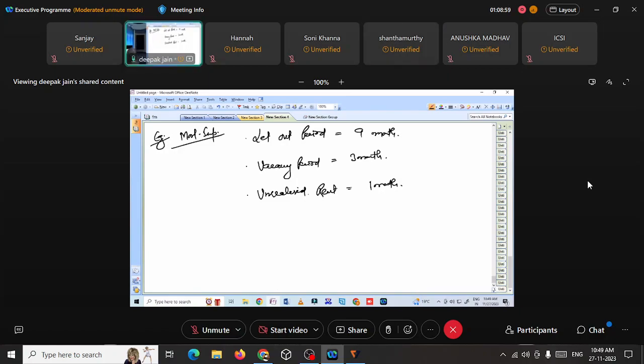So municipal value for whole year, let us say 12 lakh. Fair rental value, let us say 16 lakh. Standard rent is not applicable, let us say. Actual rent 1 lakh per month.